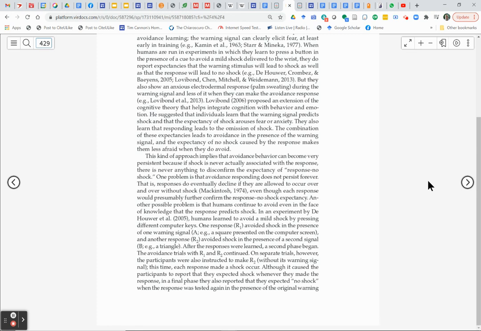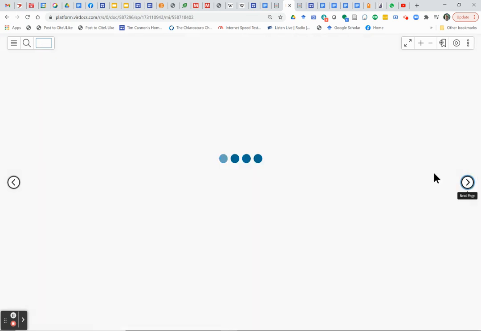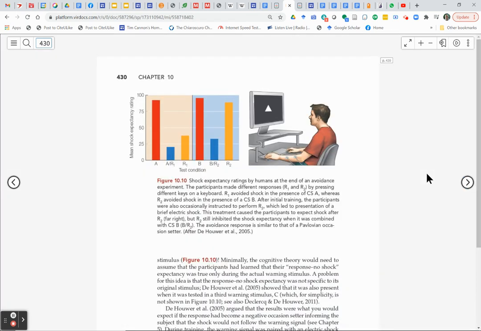They're pretty calm, and there's not a lot of signs of autonomic arousal and fear and anxiety. But if they don't figure it out, there is. And there's humans and computer screens and two different responses, and there's a picture of it.